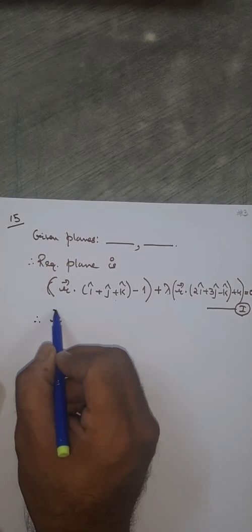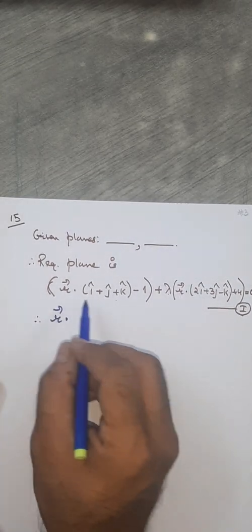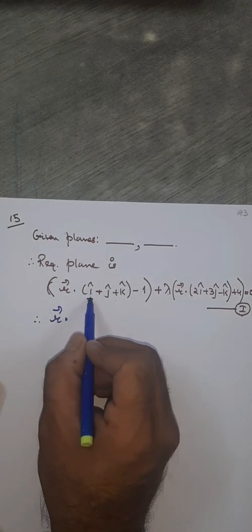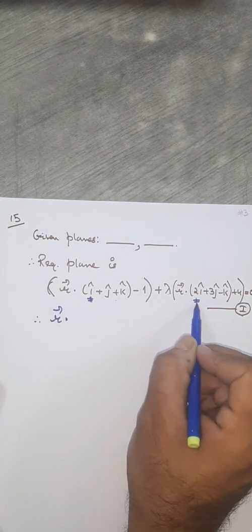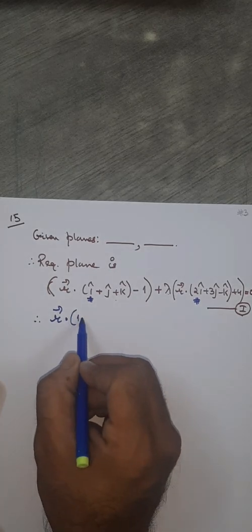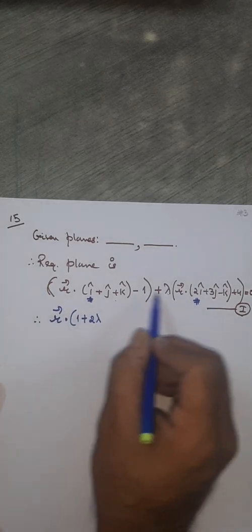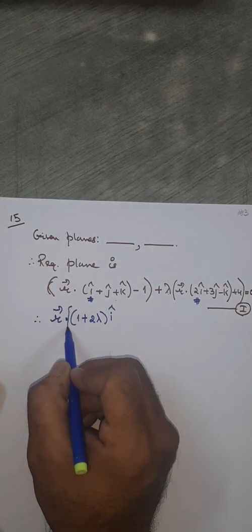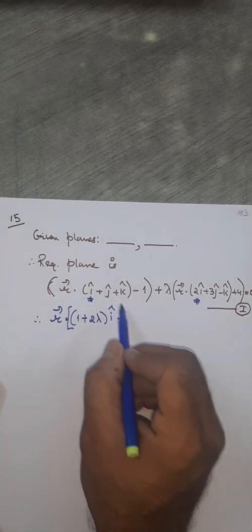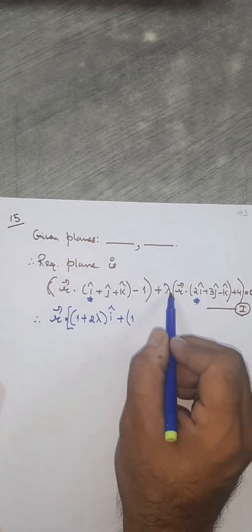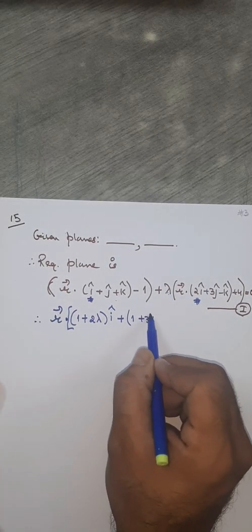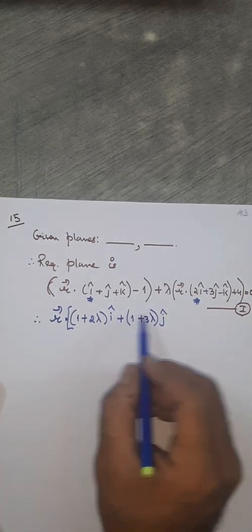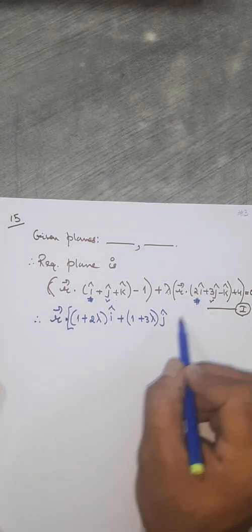So r dot, as it is here in both, I'll take i cap common from these two, but lambda will be inside the bracket. So we'll get 1 plus 2 lambda into i cap, plus here 1, this lambda will be inside, this 3 lambda into j cap. I hope this is clear to you.